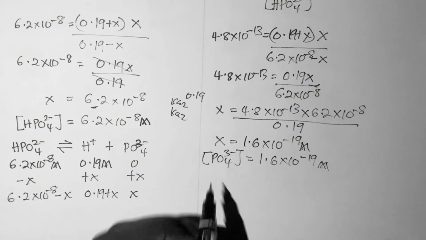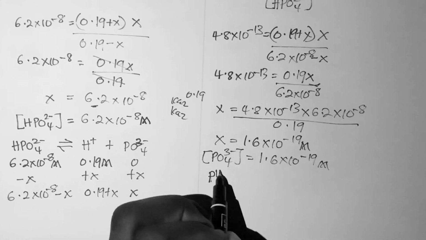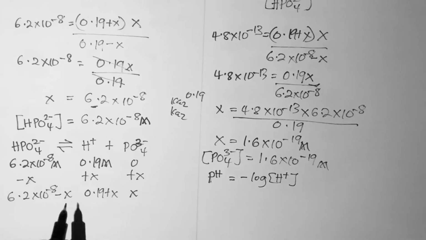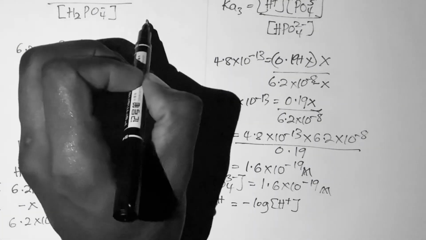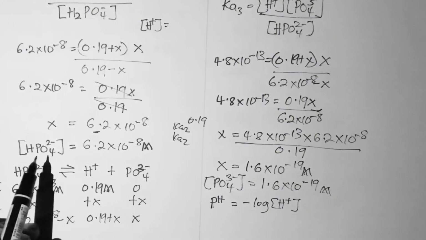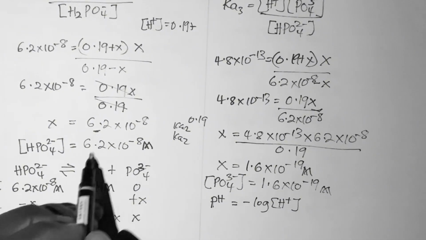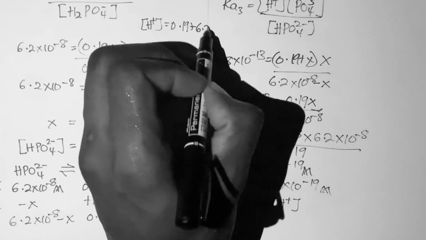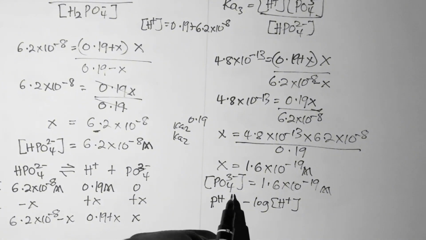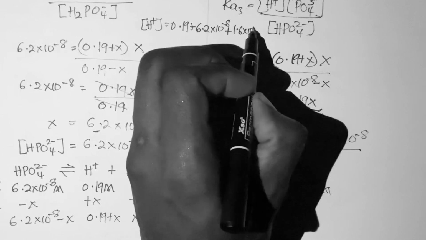Now, the question also asks us to find pH. And we know that pH is equal to minus log of the concentration of the H plus ions. The total H plus ions will be equal to the H plus ions we got in the case of Ka1, which was 0.19, plus in the case of Ka2, which is 6.2 times 10 exponent minus 8, then in the case of Ka3, plus 1.6 times 10 exponent minus 19.